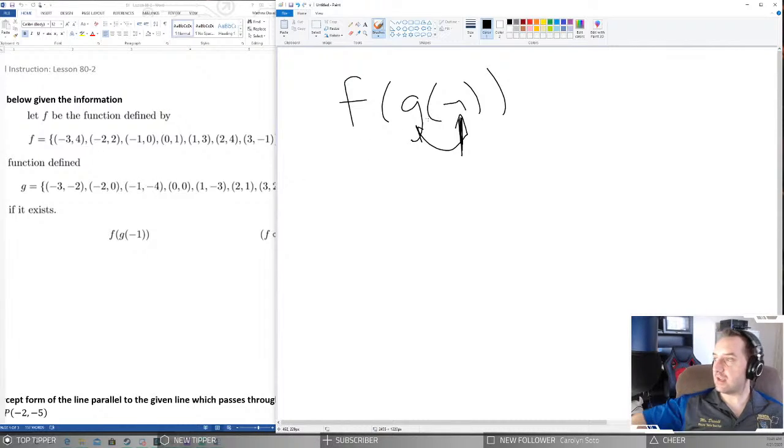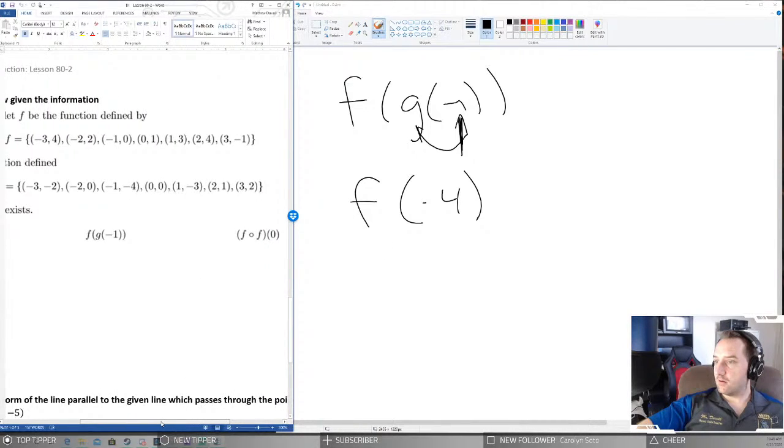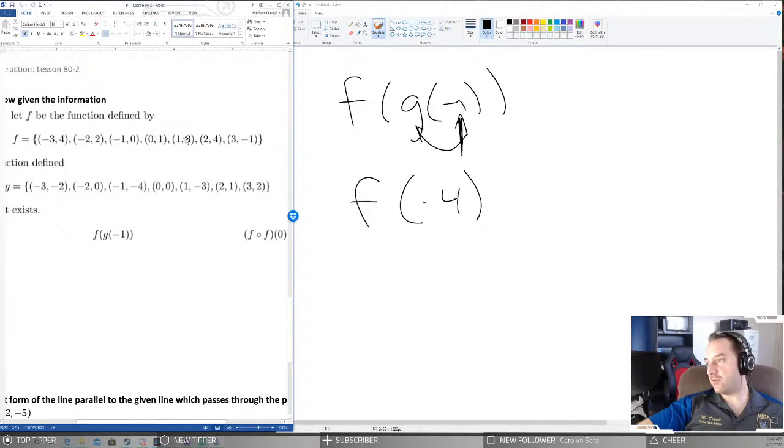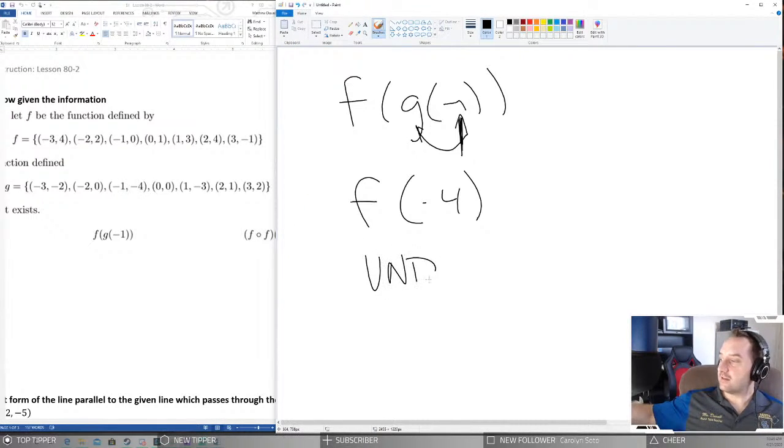So g of -1 becomes -4. Next, it's asking me, where is f of -4? Well, there's no -4 here. There's nowhere to plug it in. So it's undefined. It doesn't exist.